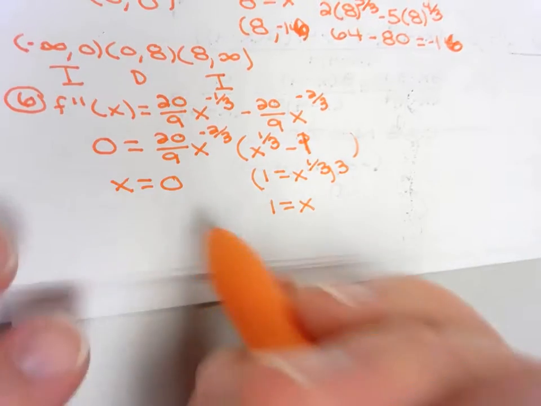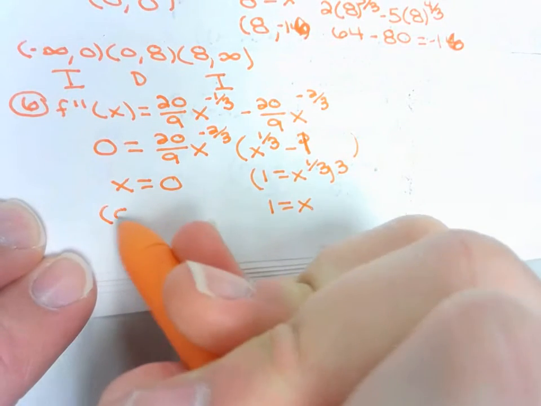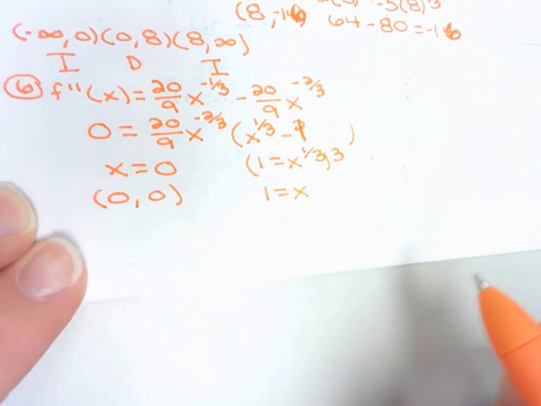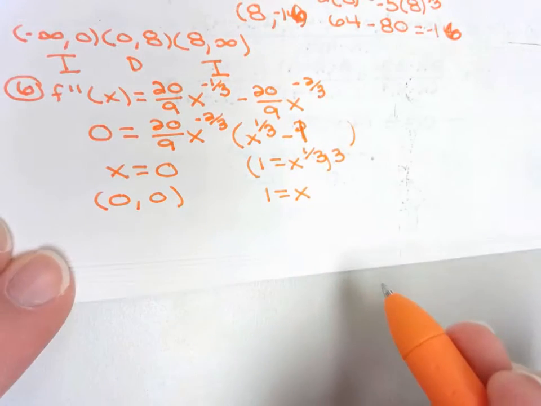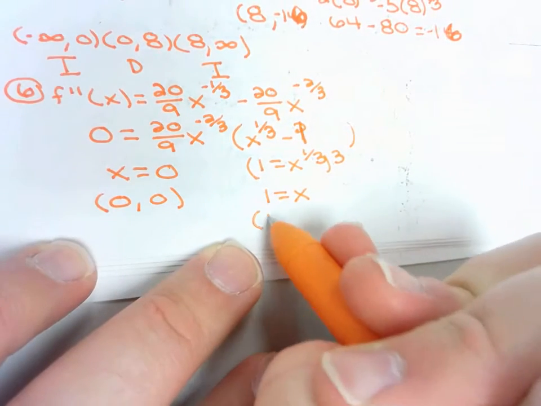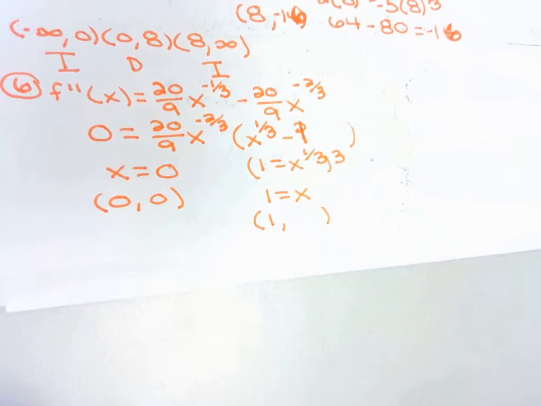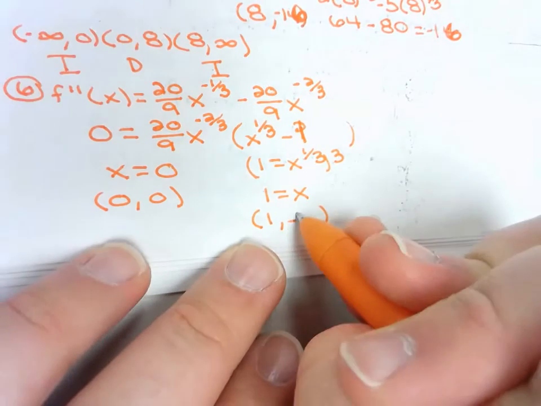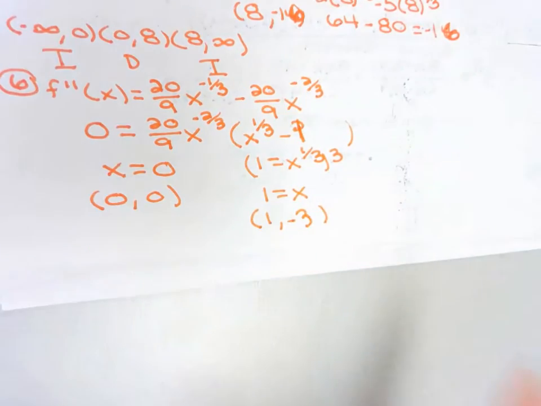Let's get actual ordered pairs. At 0, I know it's going to be 0. We already did that twice already. If I plug in 1 to the original, I'm going to get back negative 3. 2 minus 5, negative 3. So it's helpful to have actual ordered pairs as I go through and try to graph it.